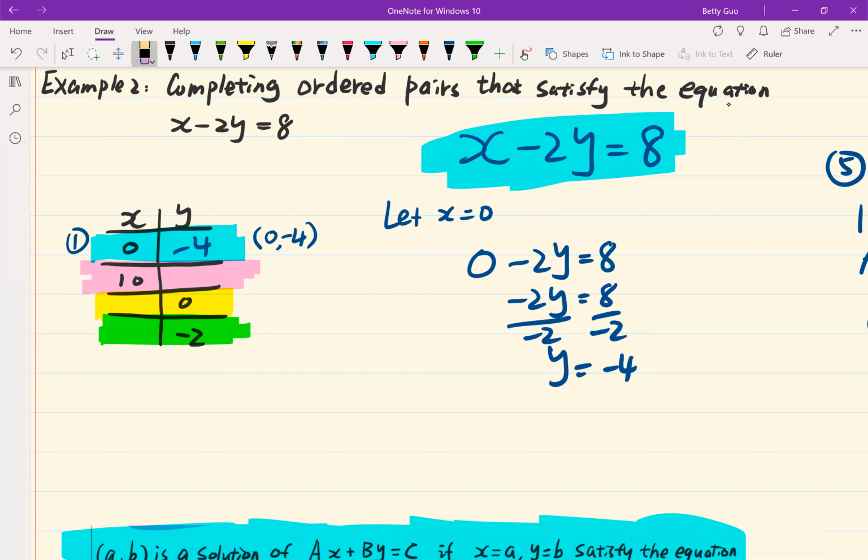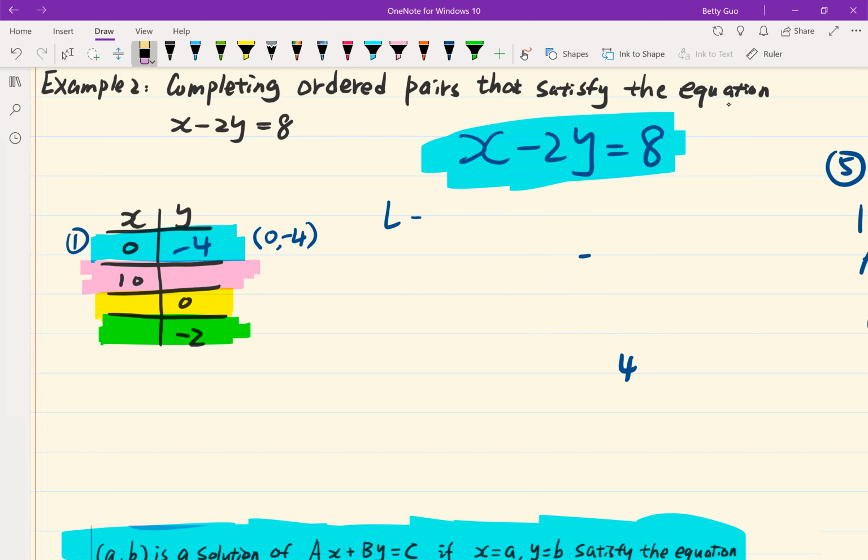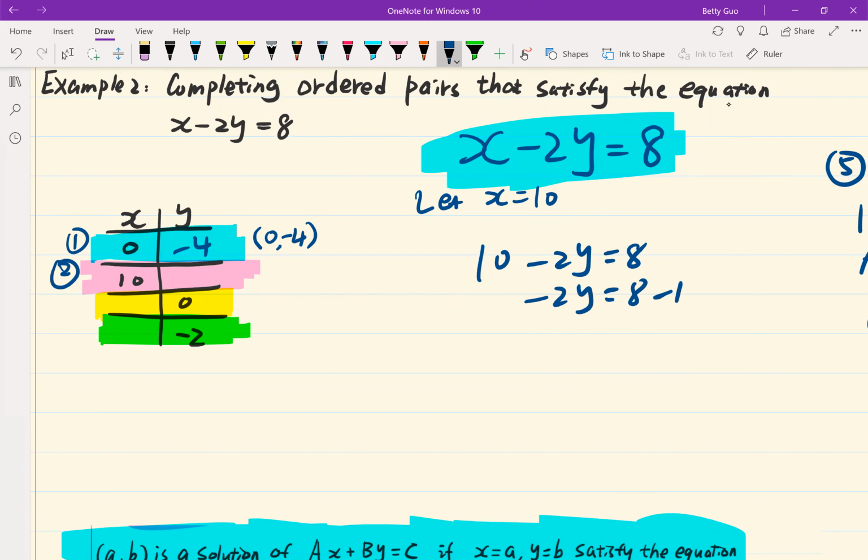Let's see number 2, the pink. We let x be 10. We replace x with 10. 10 minus 2y equals 8. Move 10 over, a minus 10. Negative 2y equals negative 2.